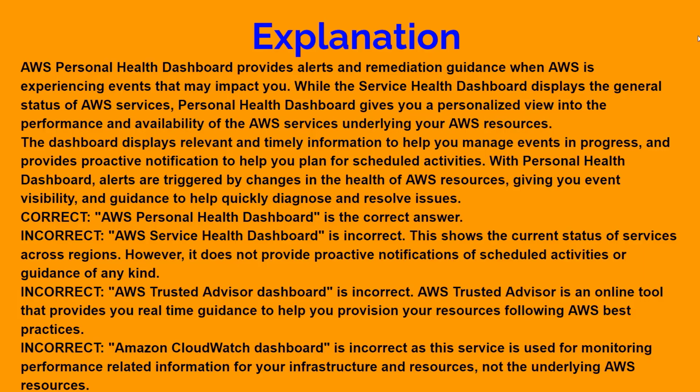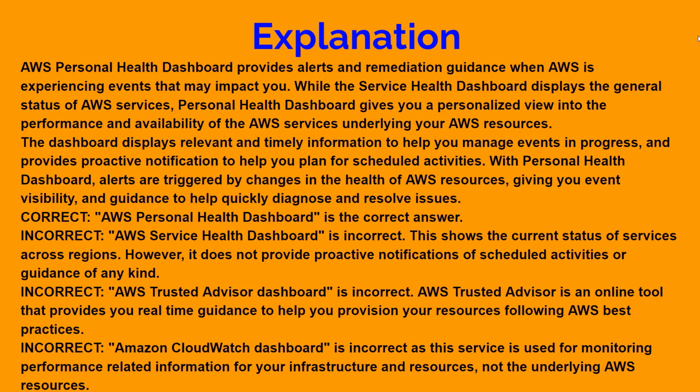Explanation. AWS Personal Health Dashboard provides alerts and remediation guidance when AWS is experiencing events that may impact you. While the Service Health Dashboard displays the general status of AWS services, Personal Health Dashboard gives you a personalized view into the performance and availability of the AWS services underlying your AWS resources.